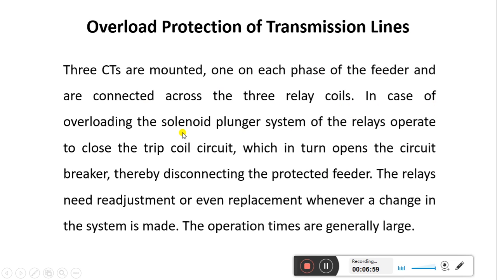In case of overloading, the solenoid plunger system of the relays operates to close the trip coil circuit, which in turn opens the circuit breaker, thereby disconnecting the protected feeder. The relays need readjustment or even replacement whenever a change in the system is made. The operation times are generally large.